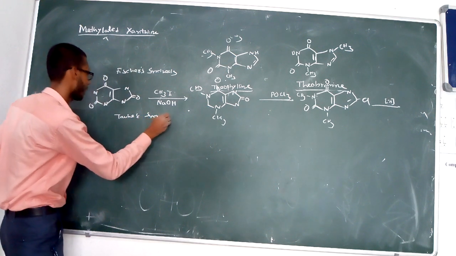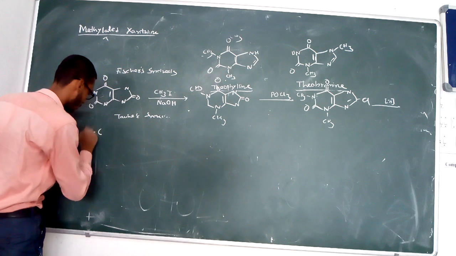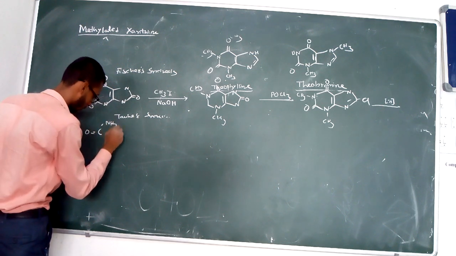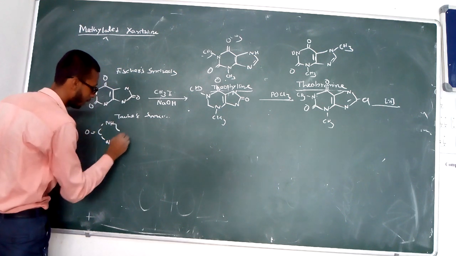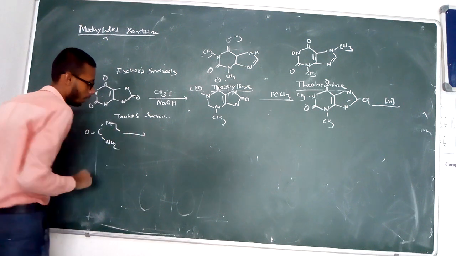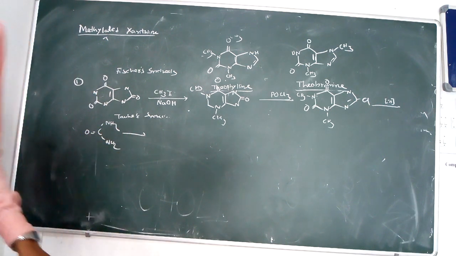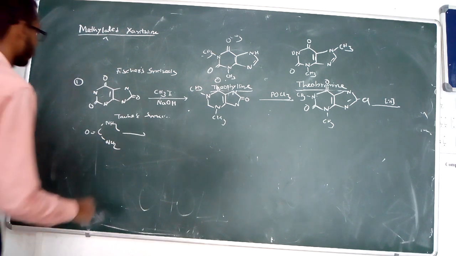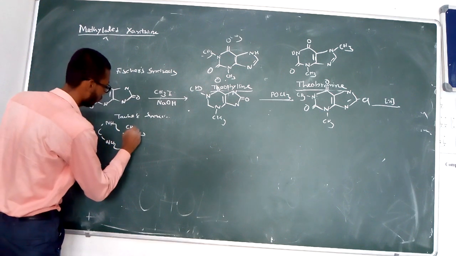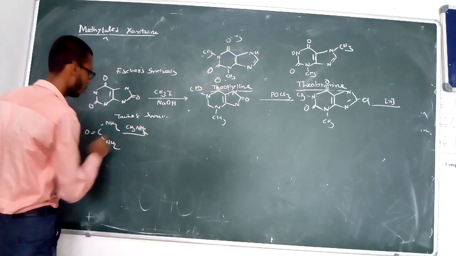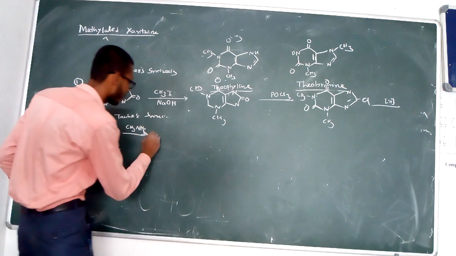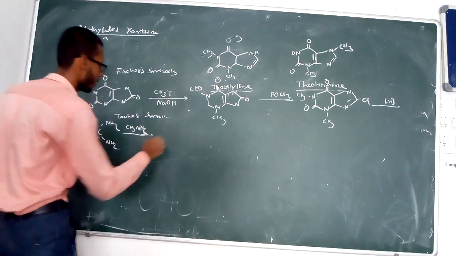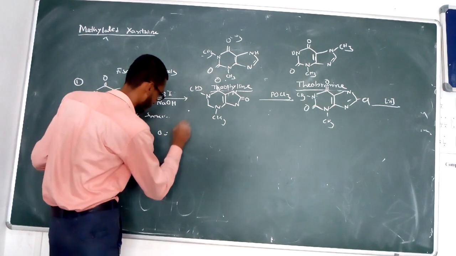Here we take urea, which is dimethylated. For the dimethylation of urea, we can use methylamine, two molecules of methylamine. So it is dimethylated, and it will produce dimethylurea.